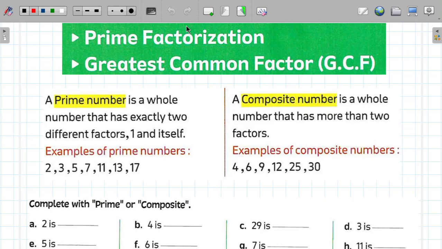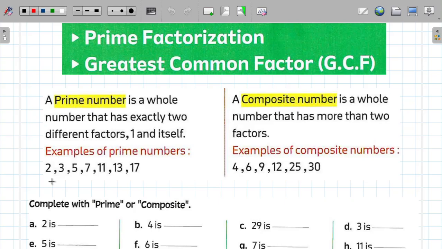So if I want to find the factors of 2, it has only two factors, 1 and 2. 3, its factors are 1 and 3. And 5 the same, and 7 and 11 and 13 and 17 and so on. All of these numbers are prime numbers.